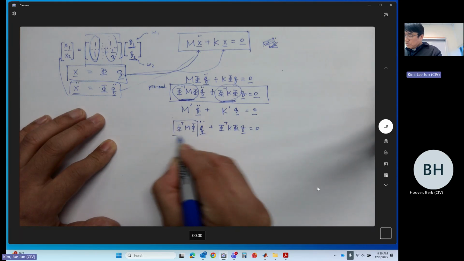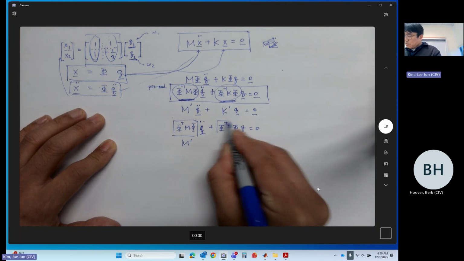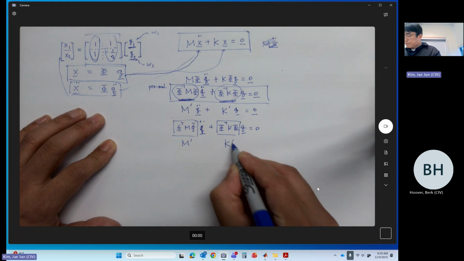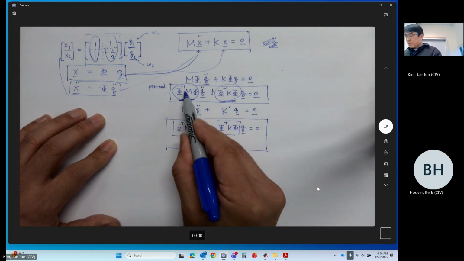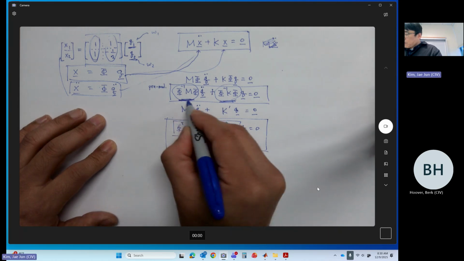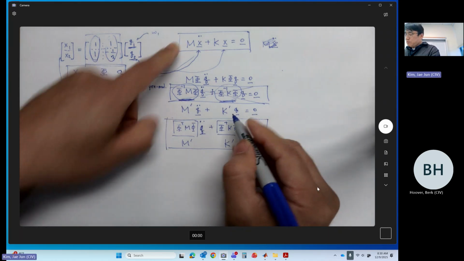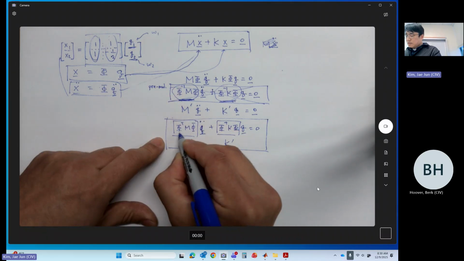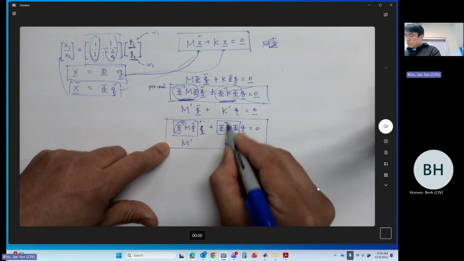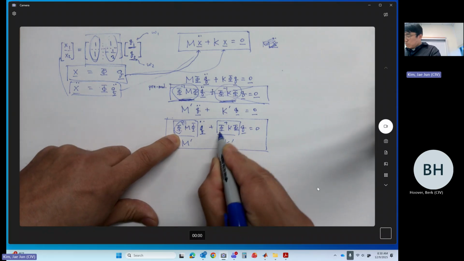So this becomes the new modal mass and modal stiffness. Forget about this. In the modal transformation, you use the transpose instead of an inverse. So this is what you pre-multiply, phi transpose.